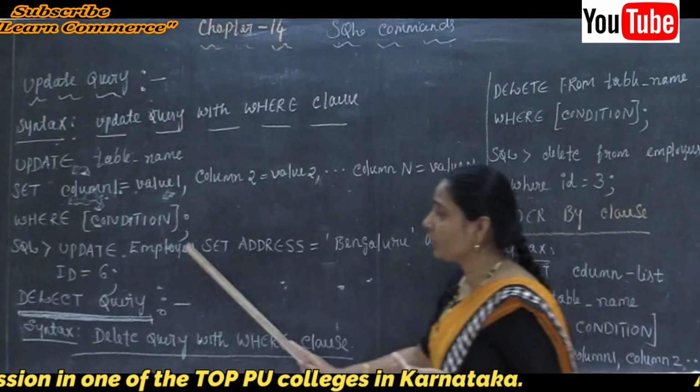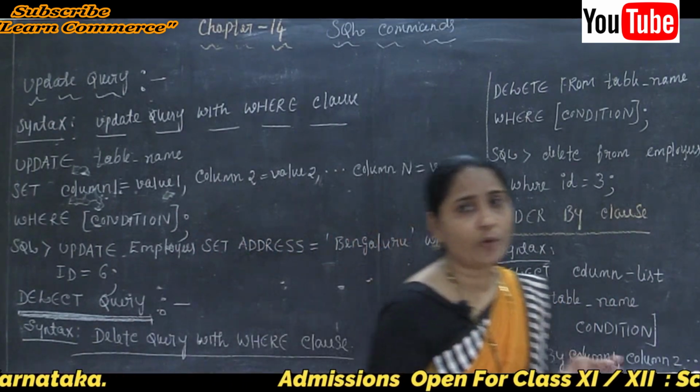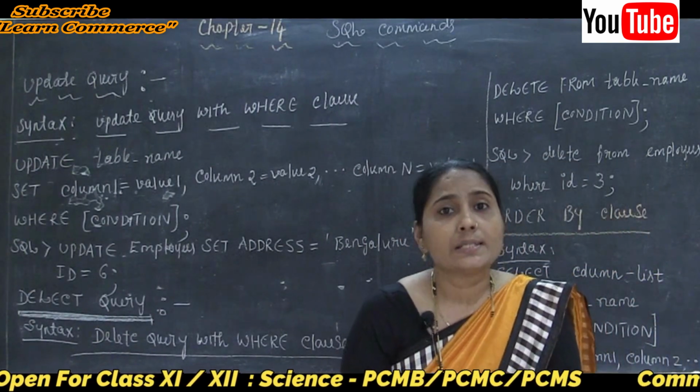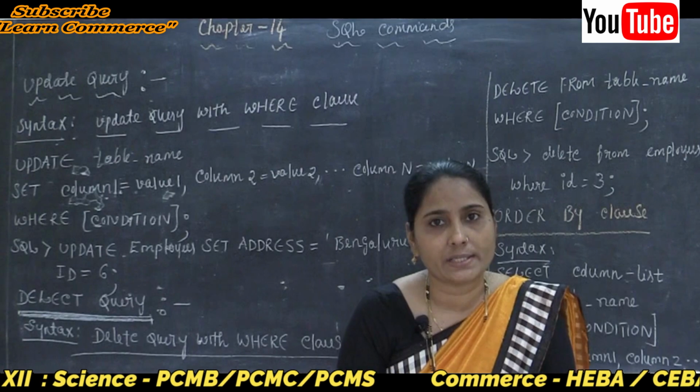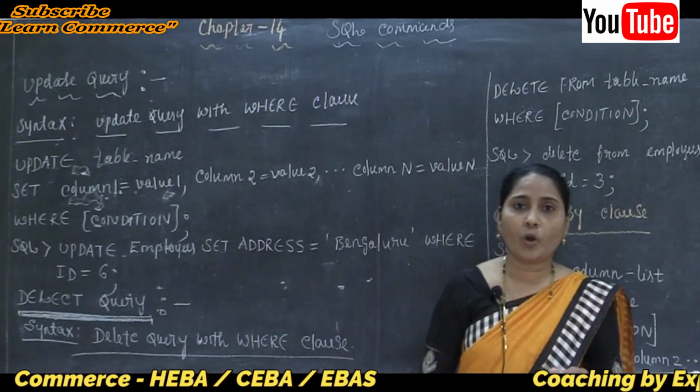Before giving the example of the update query, first I want to use one query, that is the SQL query SELECT * FROM employees. At that time it is going to display all records from the employees table.